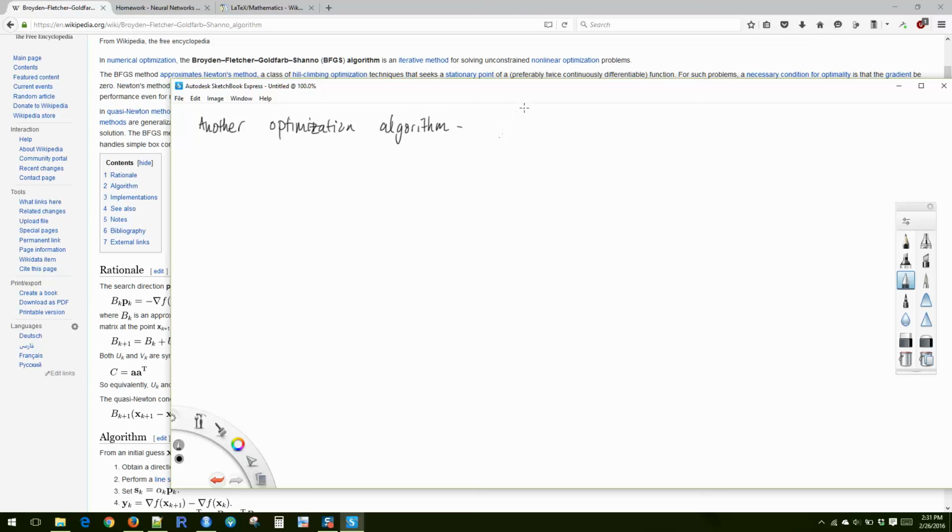Okay, and this is all right. And so here, again, we want to minimize some function f, which might be a function of x1, x2 up through xp.